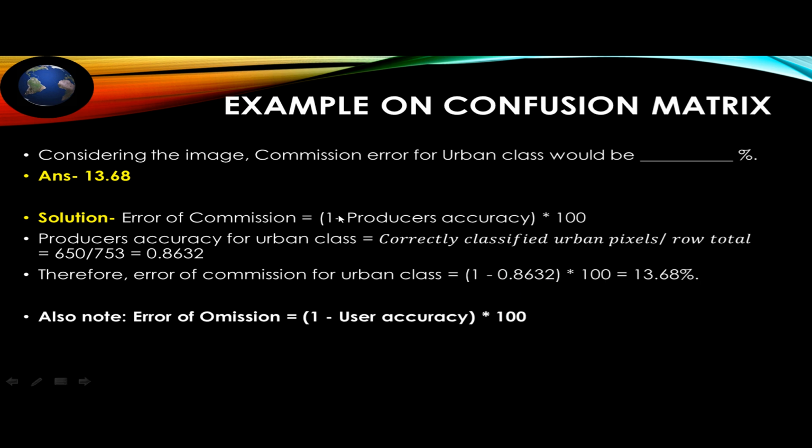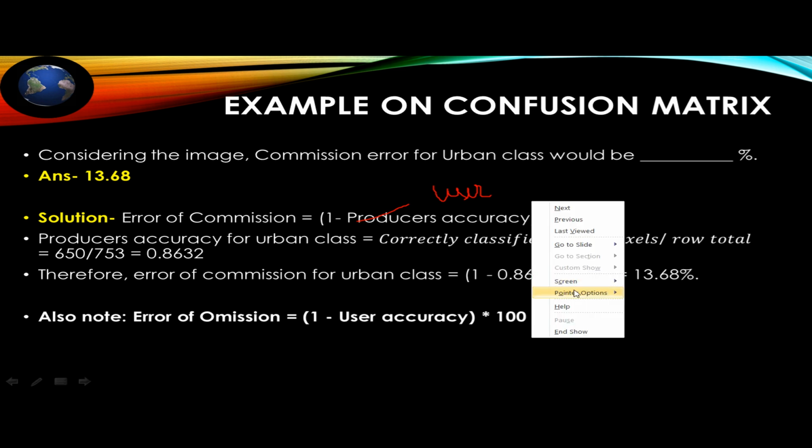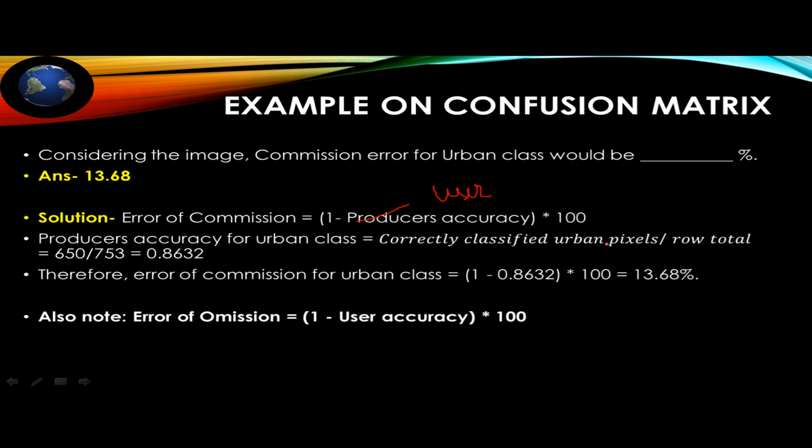Okay, so this should be user accuracy, and the error of commission is the opposite. The formula is correct, but I have used the user accuracy formula for producer accuracy.